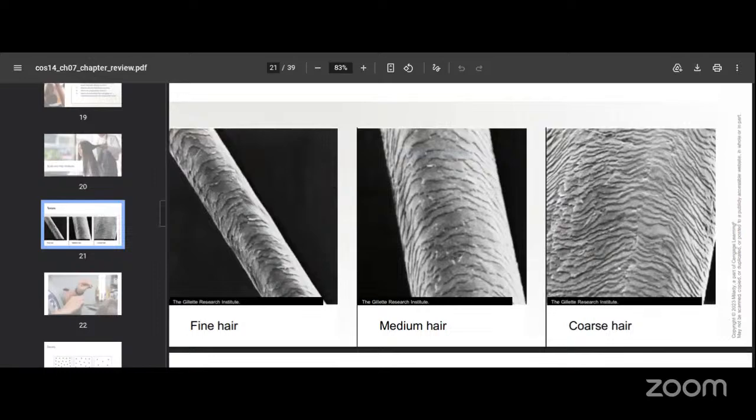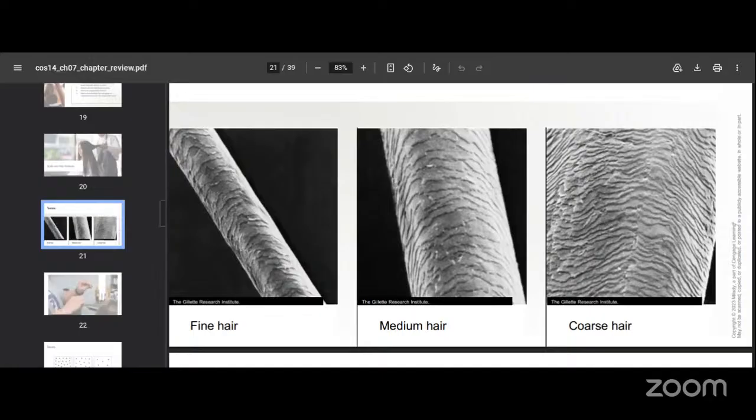When it comes to the cuticles, you have more cuticles on coarse hair and fewer cuticles on fine hair. Fine hair may have a medulla, and coarse hair will surely have a medulla. It's simply an empty pith, the center of the hair shaft.